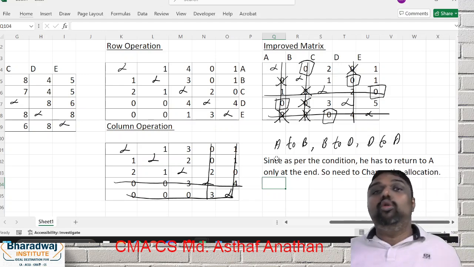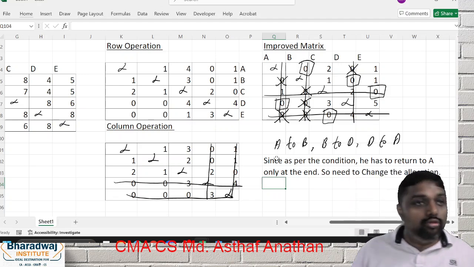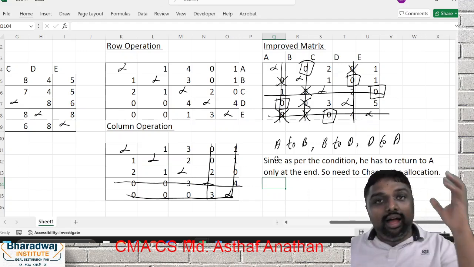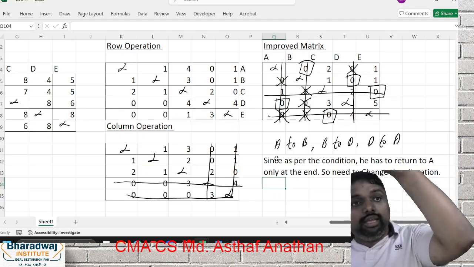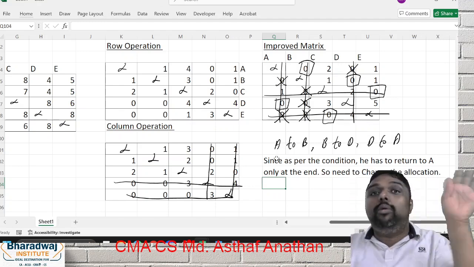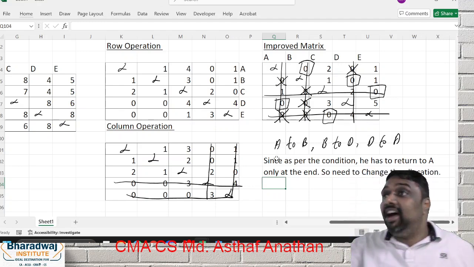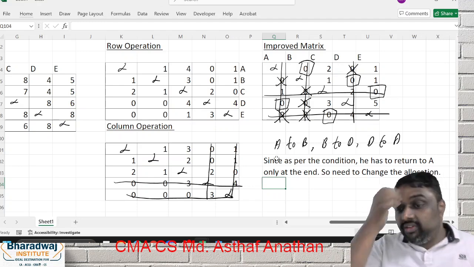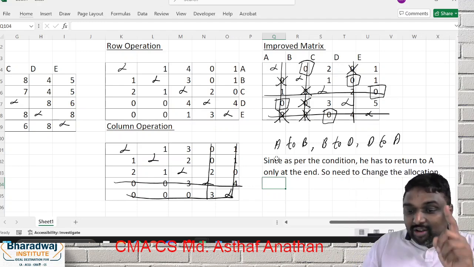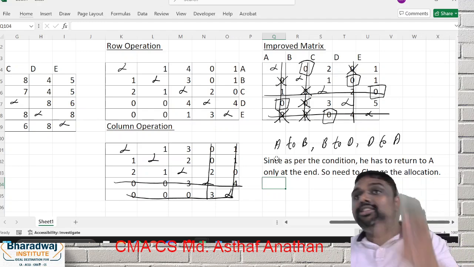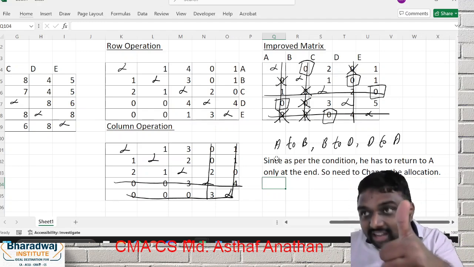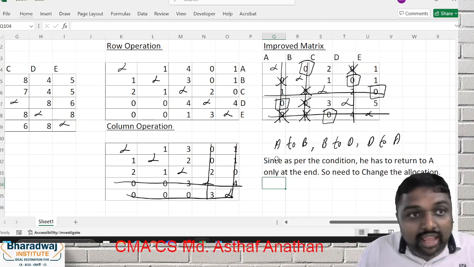Generally, in a normal graduation level question, this allocation itself gives no problem. How will it come? A to B, B to C, C to D, then D to E, then E to A. That means there is no confusion like this. But here we have a confusion. Since we have a confusion, we are going to change that. How are we going to change? You are going to listen now. You are going to get the answer. Are you ready, friends?